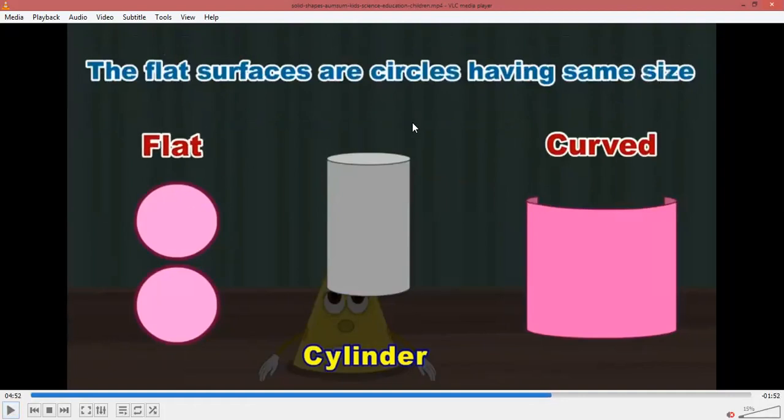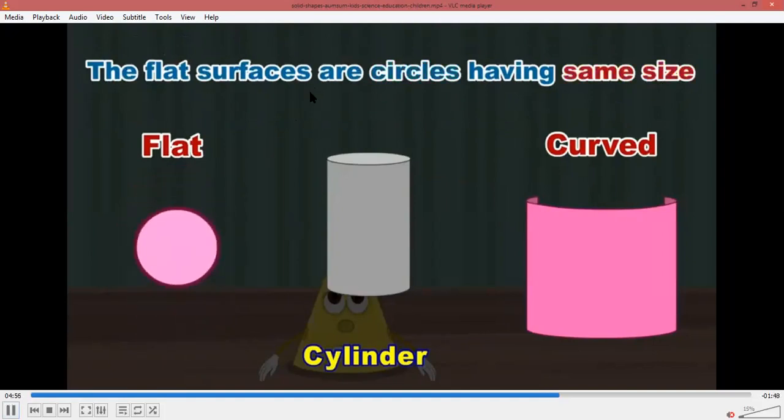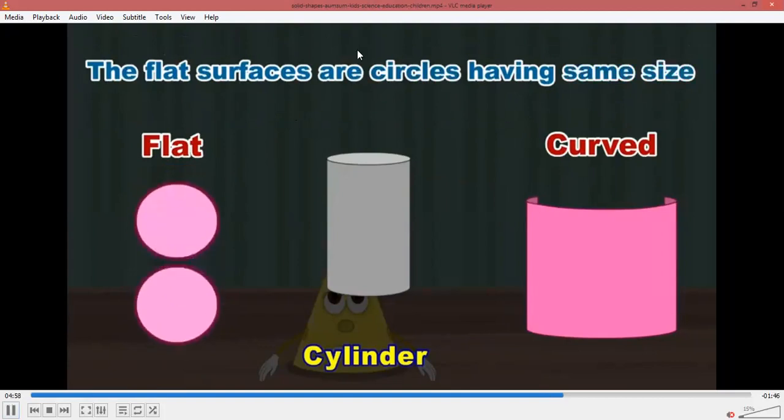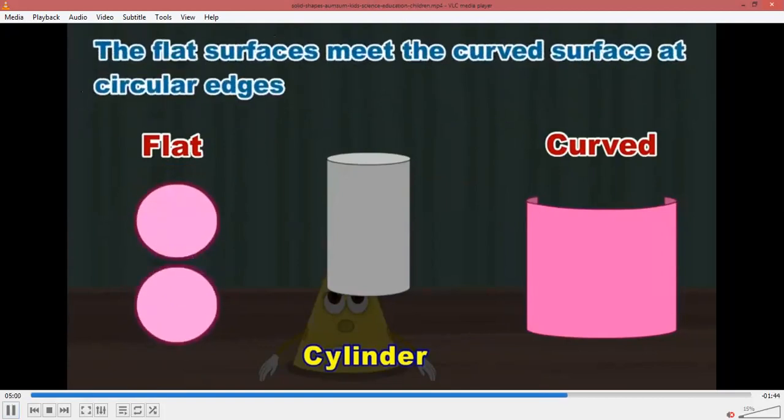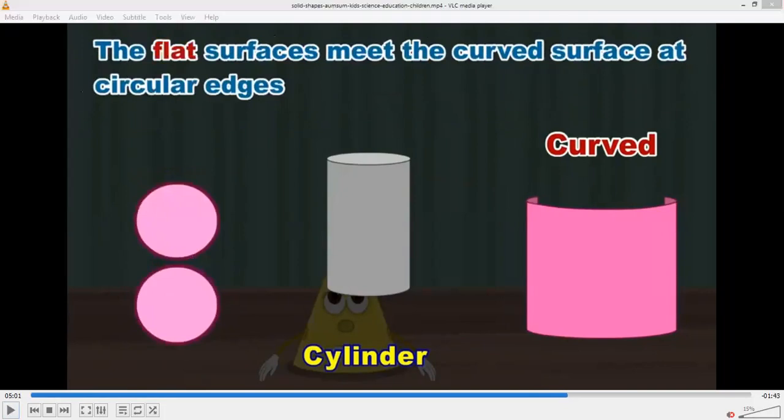The flat faces are circles and they have the same size, right? Their flat surfaces meet at the curved circular edges.